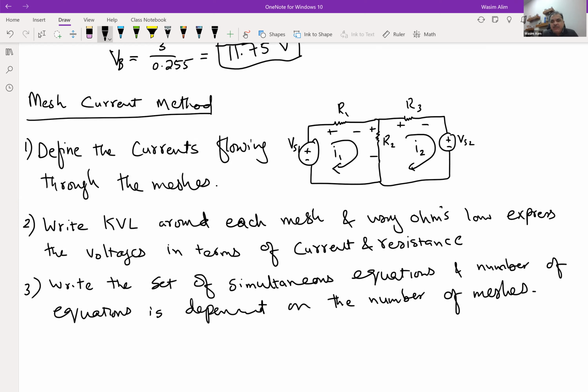Right now in this example, we have two meshes. If you had three meshes, let's say if there was some resistance on the top, then you would have a third mesh also. That's sort of the process. In this case, we only have two meshes, so you will write it like that. Okay, and then once you have developed that, you solve for the unknown quantities.